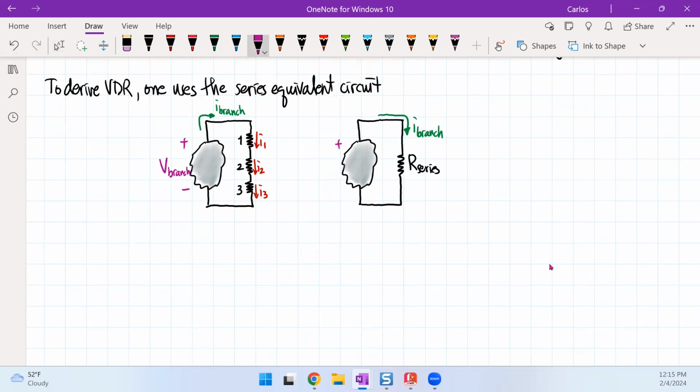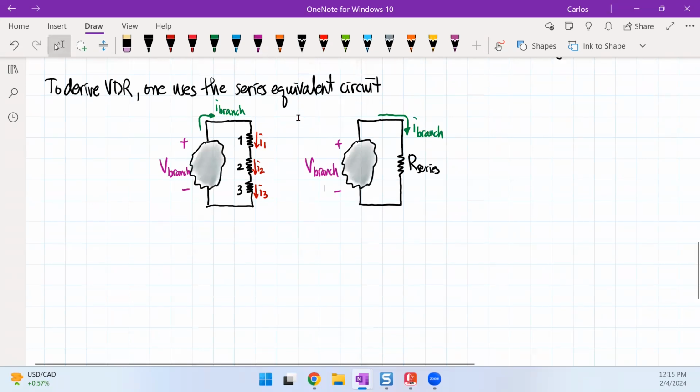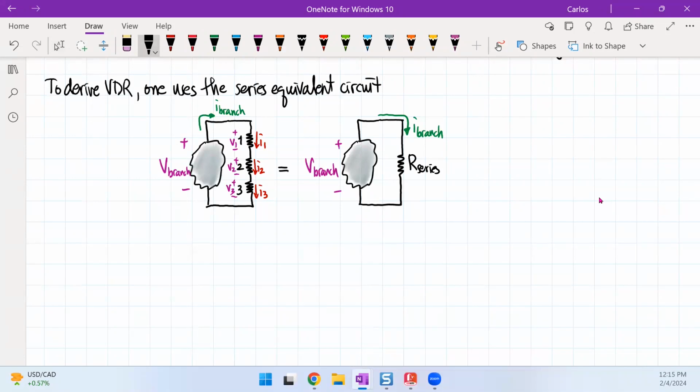And of course, over here, this is going to be V branch as well. But because each of these circuits has a voltage drop, that means I also have a little voltage drop 1, 2, and 3 across each element. These two circuits must be identical.